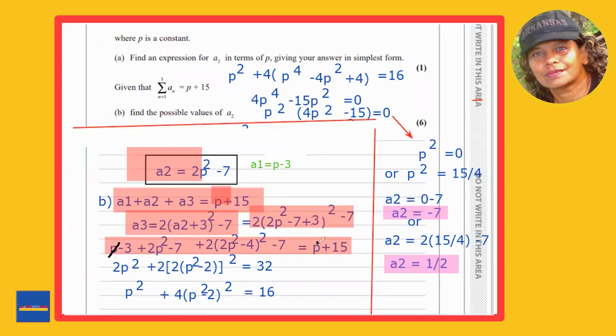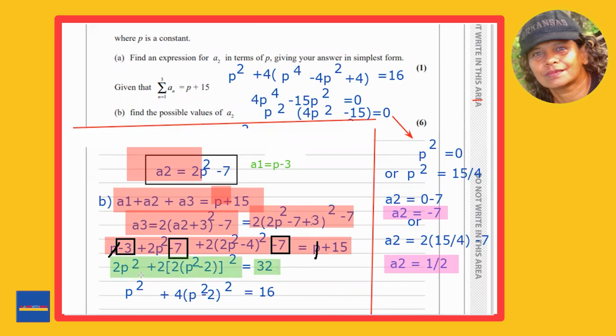And I'm going to take this minus 3 and this minus 7, that's minus 10, and there's another 7 here, minus 17. I'm going to take it to the other side so that it's added to 15 to give us 32. So here we have 32 on the right-hand side. On our left-hand side, we're left with 2P squared plus 2 into (2P squared minus 2) squared.